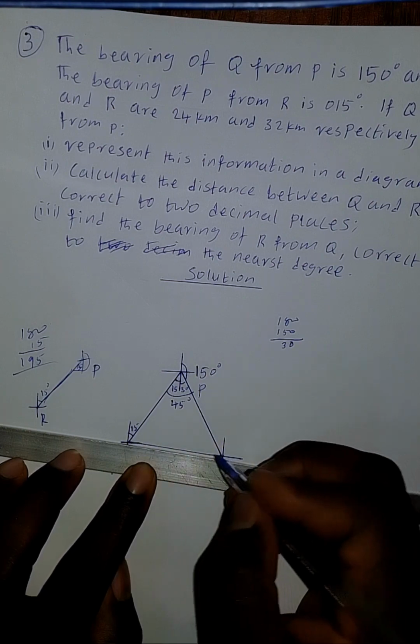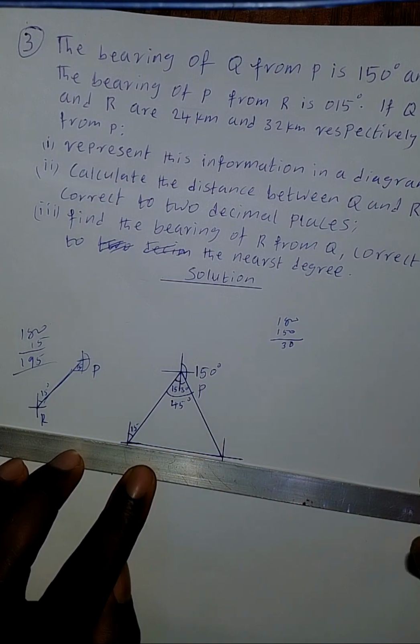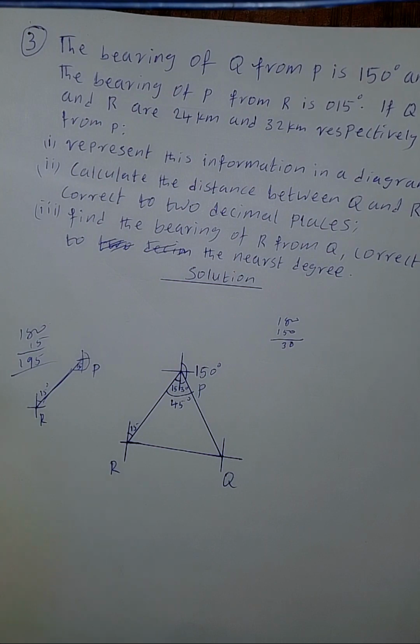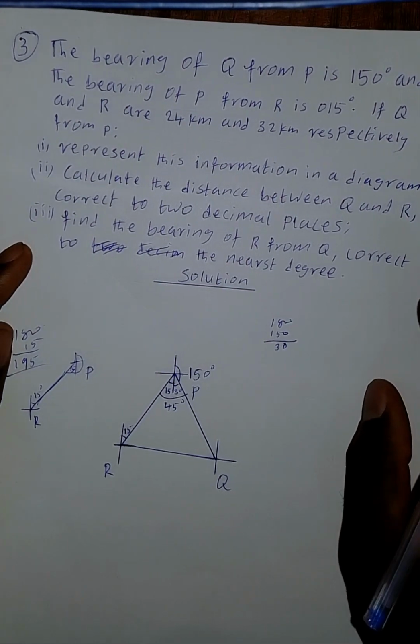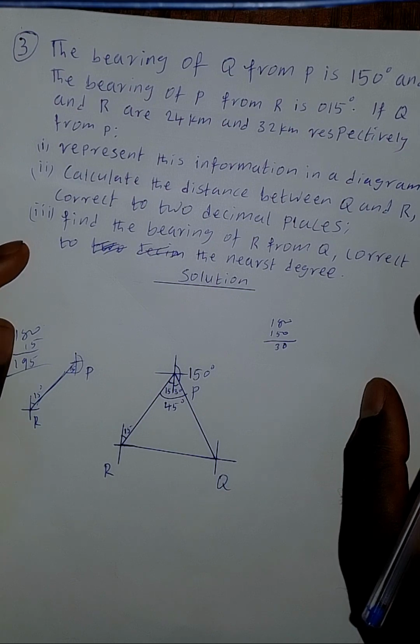Of course, in bearing and distance, you always form a shape, mostly a triangle. On rare cases, you may get a rectangle. Just know you must form a polygon, a shape bounded by straight lines. Then you use the knowledge of trigonometry to tackle it.